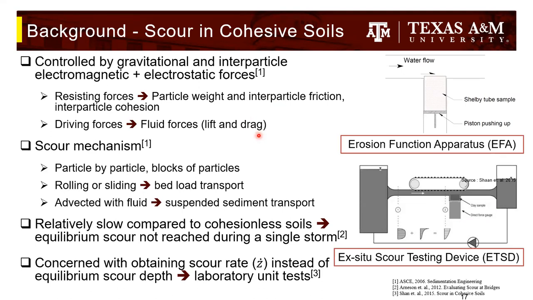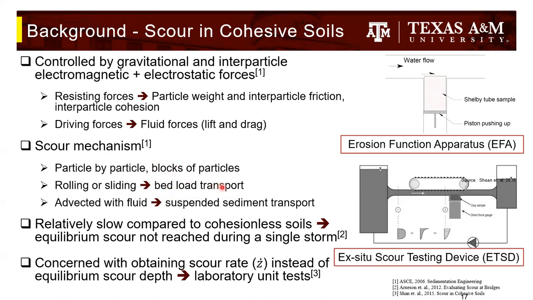And how these forces cause scour in the case of clay soil is a little bit different from sandy soil. In sandy soil, it is mostly particle by particle, where one particle moves with respect to the other particle. But in clay soil, along with that particle by particle movement, there could be some block movement. A big chunk of material, because of the cohesion, might move as a block rather than as individual particles.